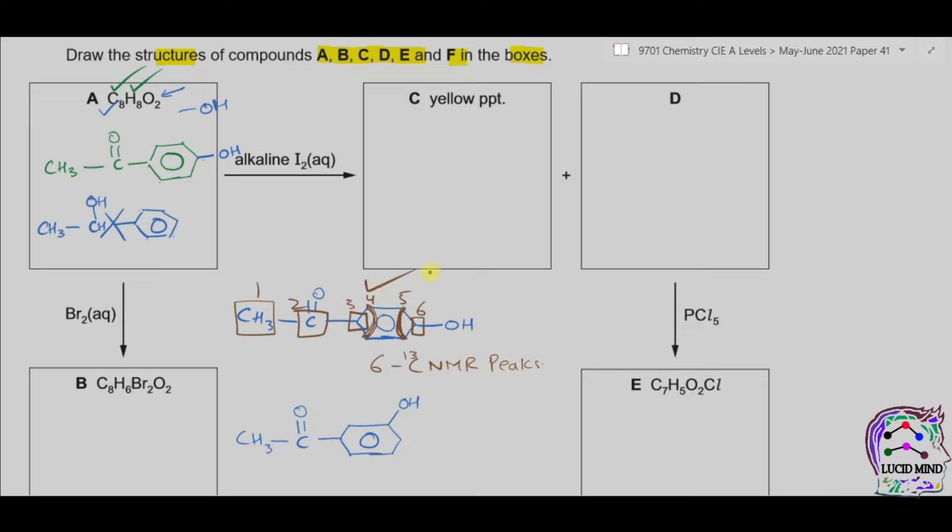So this structure looks promising. Let's look at this one. We have CH3, 1 peak, then this carbon, second peak, then this C, third peak. Now these two are not similar because this carbon is attached with CHOH while this carbon is attached with only CH. So this one will give fourth peak, this fifth peak, and this one is different.